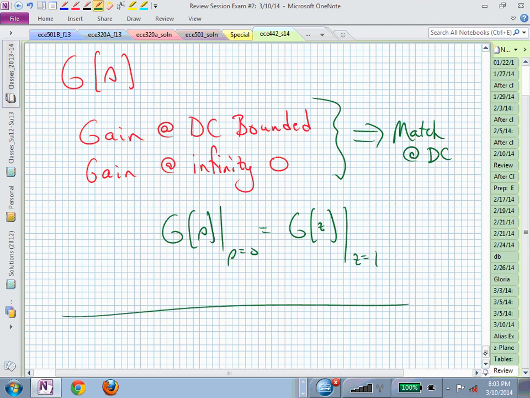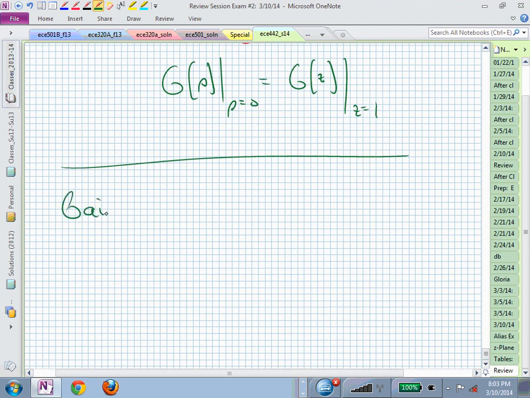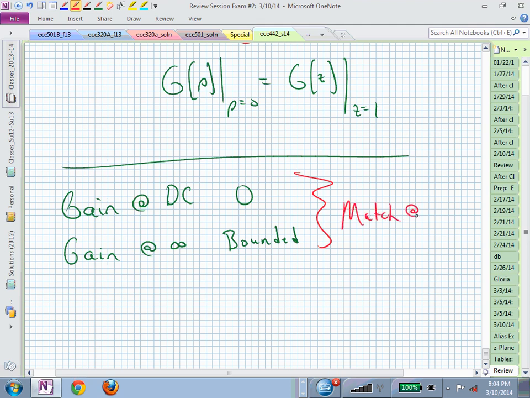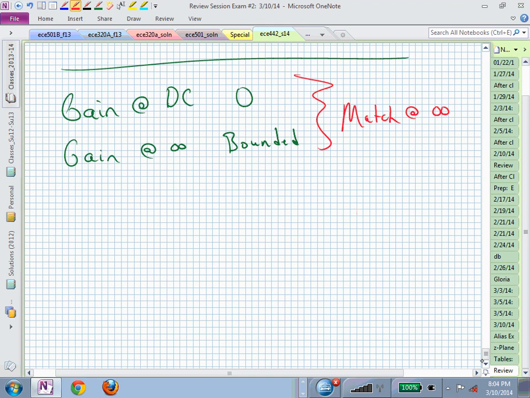The other possibility is you have the gain at DC is 0. The gain at infinity is bounded. Now what do you do? Now you match them at infinity. So that now you are looking at G of S as S goes to infinity.